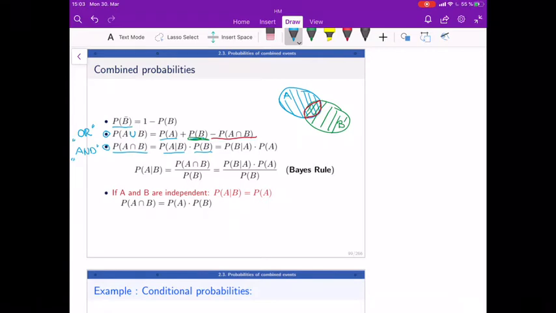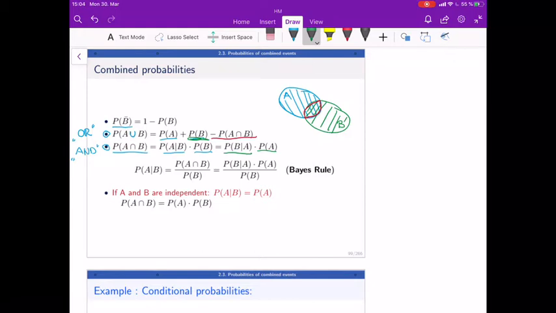You can also see it the other way around. So this is kind of symmetrical. You can also say I want to have the A here as a condition, so it could be the probability of B under the condition that A is true times the probability of A.